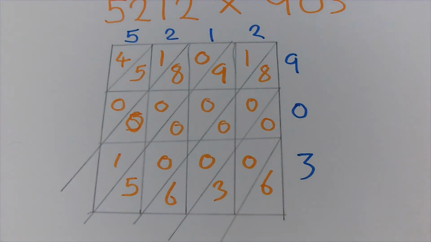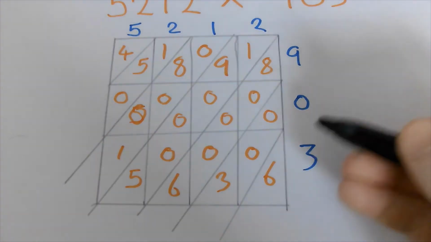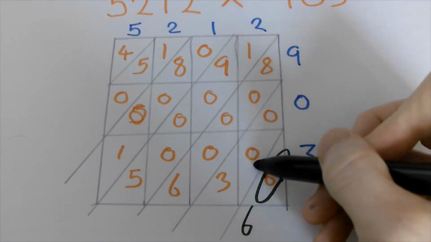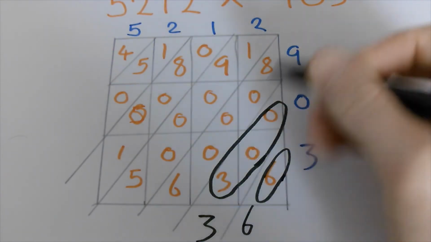Okay, so now all we have to do is follow the columns down, add them up, and that will give us our answer. So this column, following just this side here, is just 6. Next column, it's just 3.